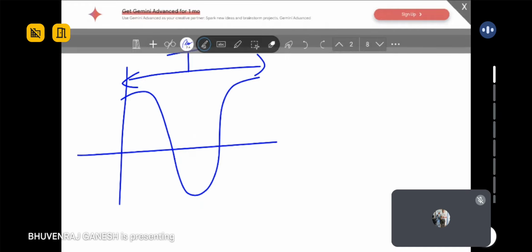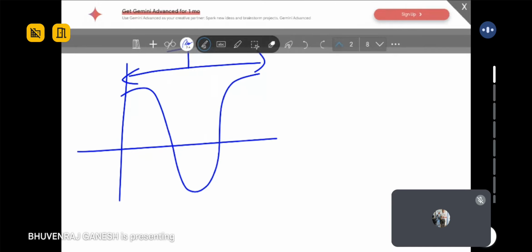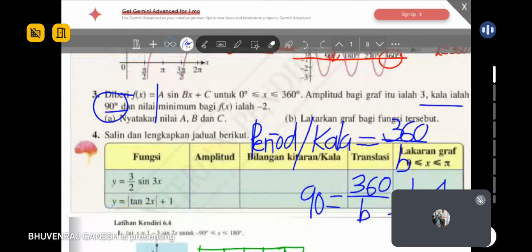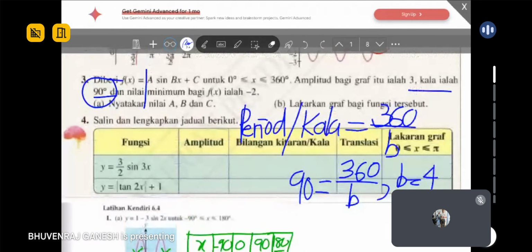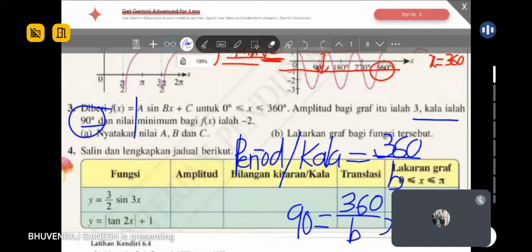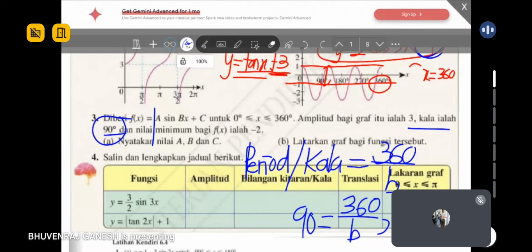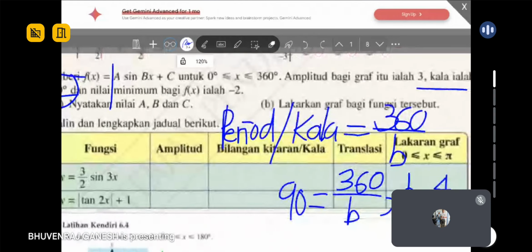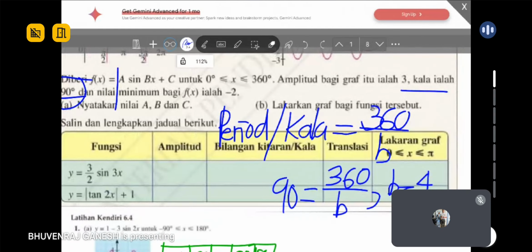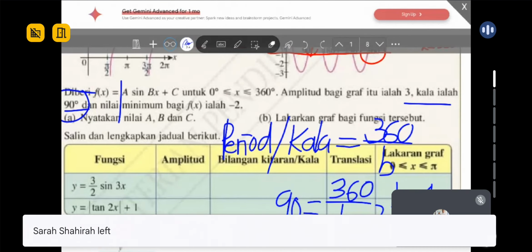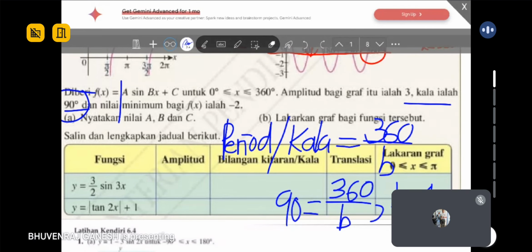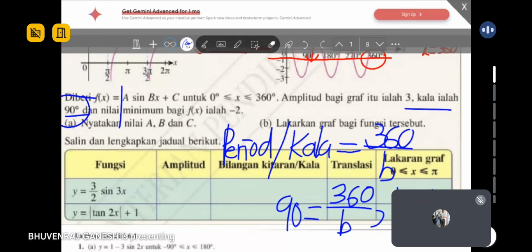Okay, masa diambil untuk satu kitaran atau ayunan lengkap. So in this case, it's kitaran lah because we're talking about graph. Okay, number of cycle. So period is for one cycle. Okay, satu kitaran sahaja. Can you guys understand? So that's why the formula is like this lah. Okay, so how you find period is the total angle for one complete cycle is 360.